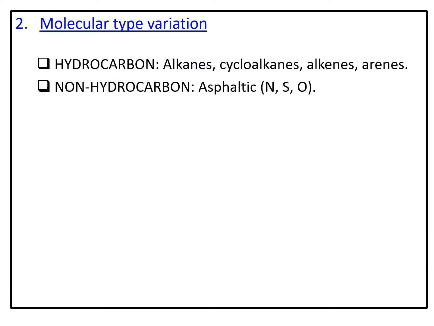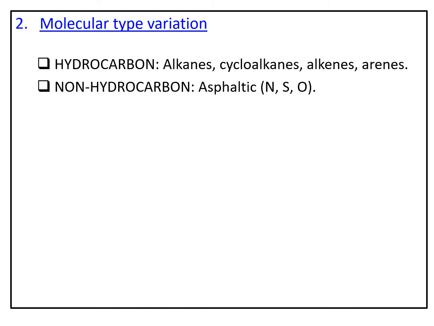Alright, part of the meaning of hydrocarbon is that it forms a homologous series, which refers to families of molecules whose members have similar properties but differ in size by CH2 groups. This causes petroleum to have variations in molecular types, and these hydrocarbon molecules occur in different structural forms.